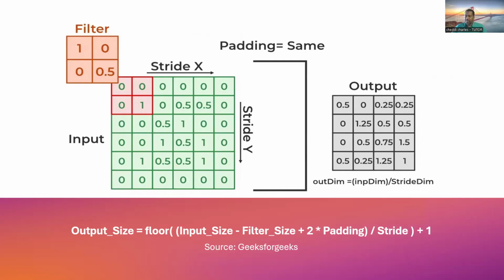I hope that gives you a little idea. As you can see from this diagram, there was padding, so you can see zeros all around the input. It was a 4x4 input, and the output is still 4x4. So the padding does work.